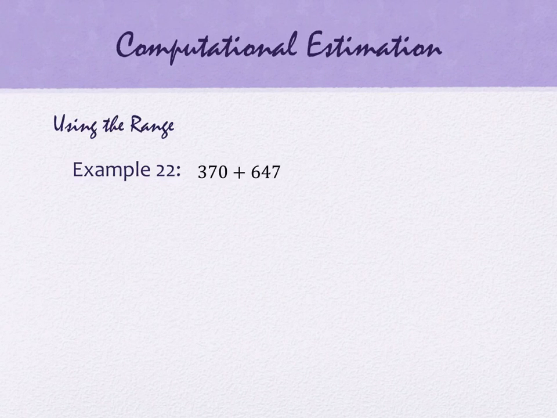Again, the range is usually done with just the one number at the beginning and then you zero things out after that. So you take the number 300 and you go one number higher, or up from that, and down from that. So 370 is between 300 and 400. So you round down, you round up.